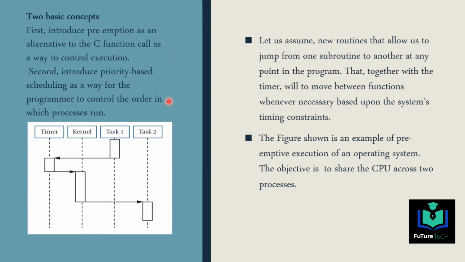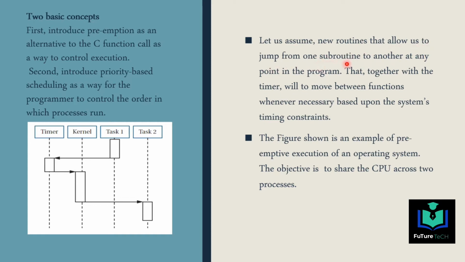Okay, so now let us assume a new routine that allows us to jump from one subroutine to another at any point in the program. What do you mean by routines and subroutines? A routine may be a set of tasks, and subroutines depend upon the main routine. So let us allow the new routine that allows us to jump from one subroutine to another.